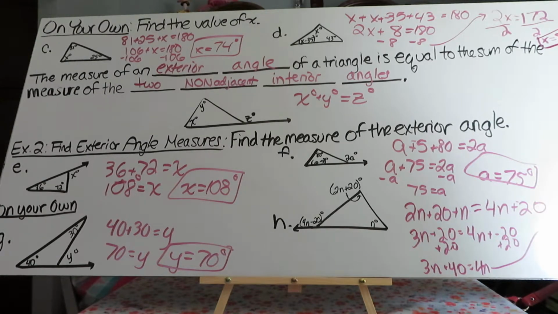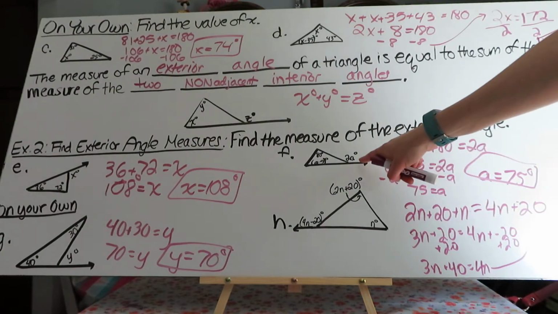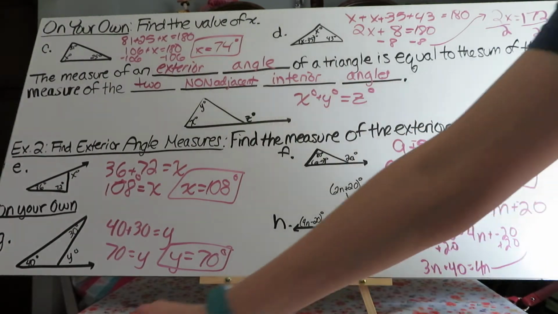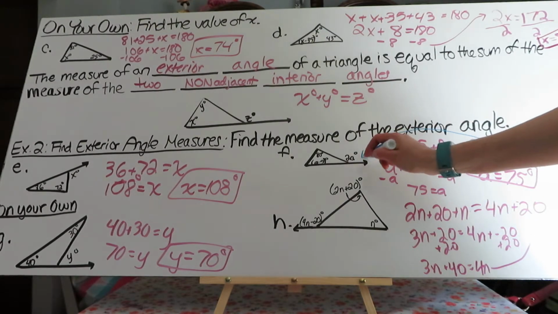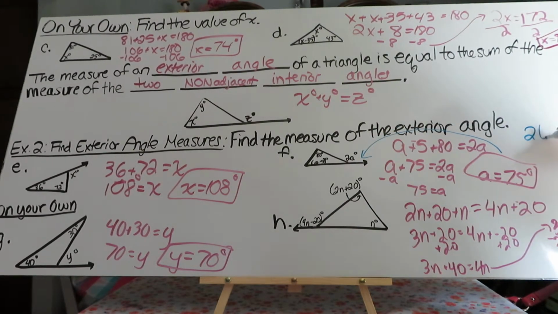Now, we're not quite done with letter F or letter H. It says find the measures of the exterior angle. We found the value of A and we found the value of n. But that's not actually what the value is outside. So I need to plug this A value in here. So 2 times 75. So that's 150 degrees. That's actually my answer.